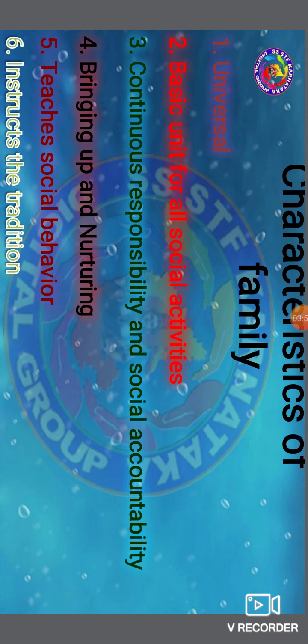Second point, the basic unit for all social activities. Let's explain. Every activity of social institutions starts from the family: the political, economic, educational, and several other activities of the society begin from this family.